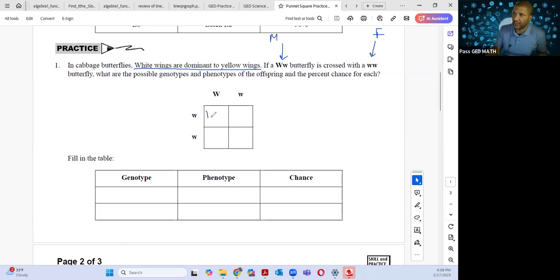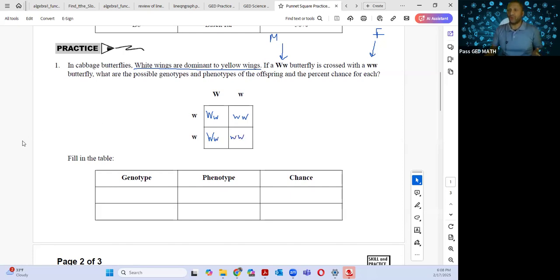So we got an uppercase, a lowercase. In this cell, we go across and down, so we got a lowercase and a lowercase. Here, up and over, we have an uppercase and a lowercase. Then over here, a lowercase and a lowercase.